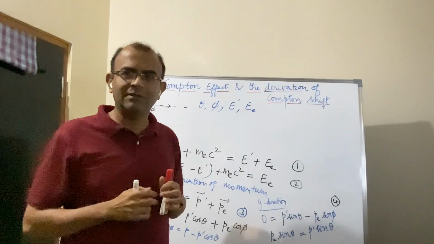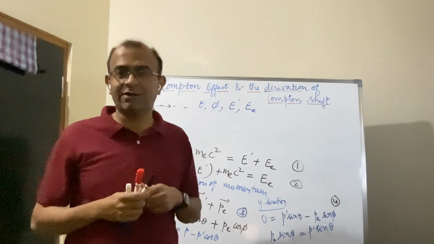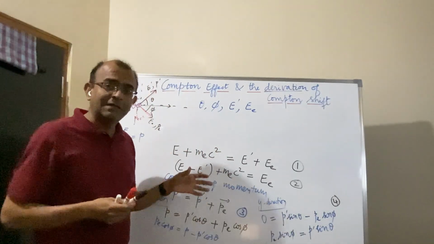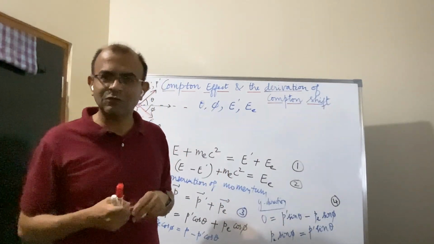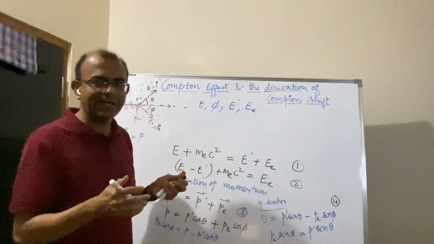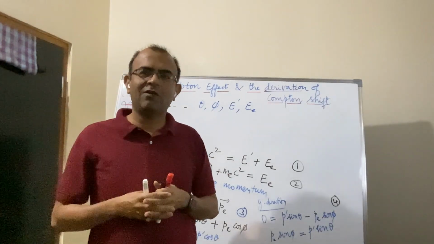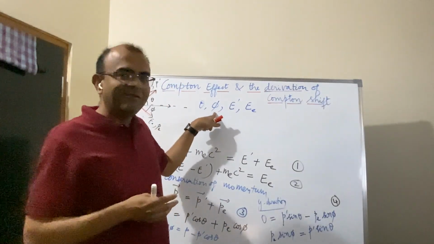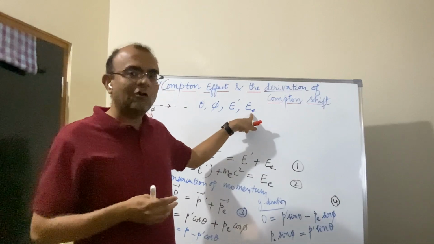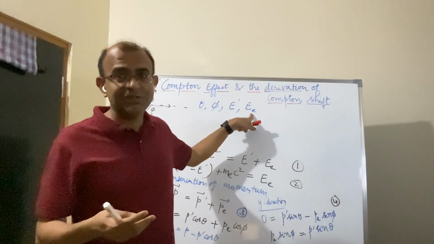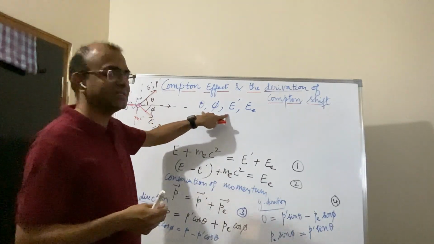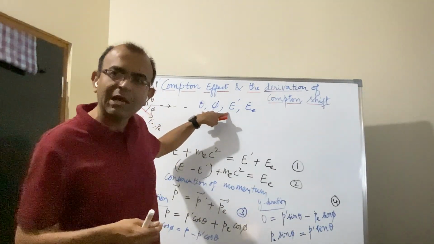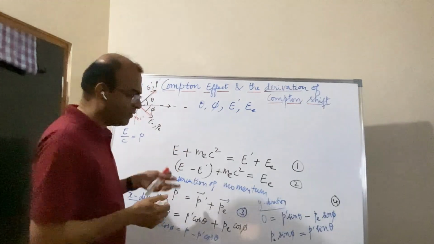Then only we can solve this. This is just a strategy to solve this, right? There are fewer equations compared to the unknowns, so this is the only way. So we decide to eliminate the electron scattering angle phi and the electron scattered energy Ee. In that case, we will have final expressions in terms of these parameters.